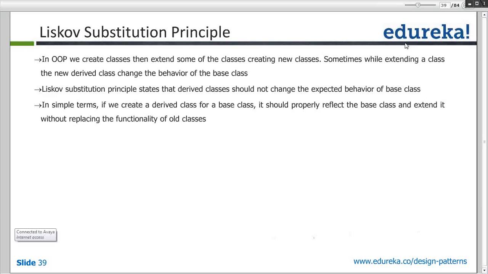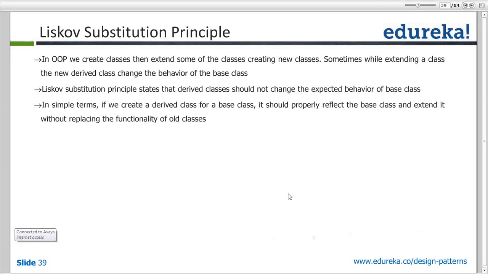Why is the substitution principle really required? We'll look at the example, but let's look at why the substitution principle is vital for good software design. The Liskov principle says that when a particular base class is replaced by its derived class or a subclass, the behaviors should not be surprising.